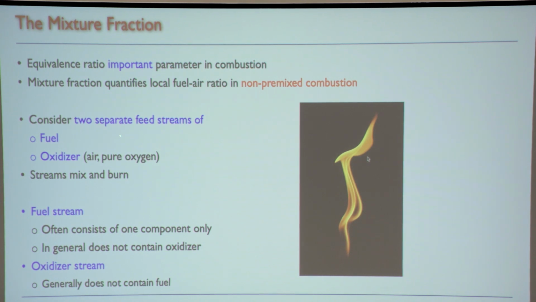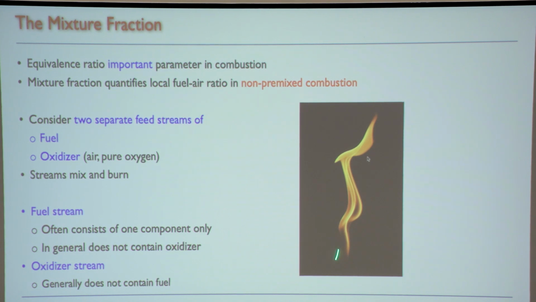Then we define a quantity that we call the mixture fraction, which is something like an equivalence ratio. Basically, it gives you the exact same information as the equivalence ratio, and we use this very often when we talk about non-premixed flames. I'll tell you later on why we don't just use the equivalence ratio.